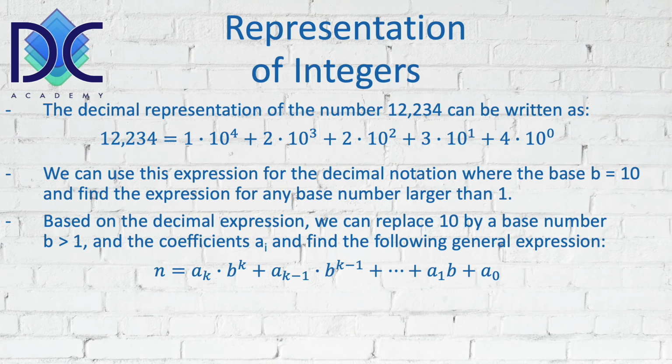An integer, relative to any base b, can be written as the sum of the products of the coefficient a index k times b to the power k, plus a index k minus 1 times b to the power k minus 1, up to plus a1 b to the power 1 plus a0.